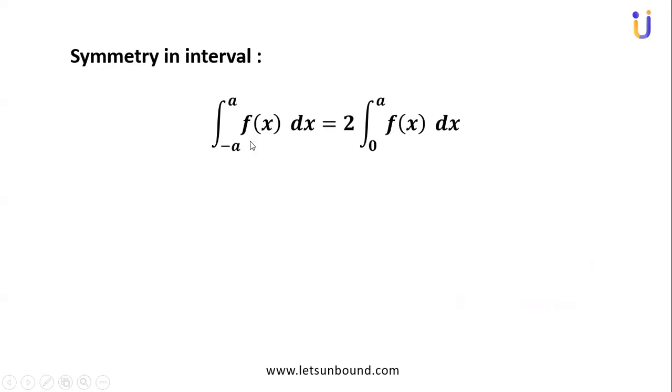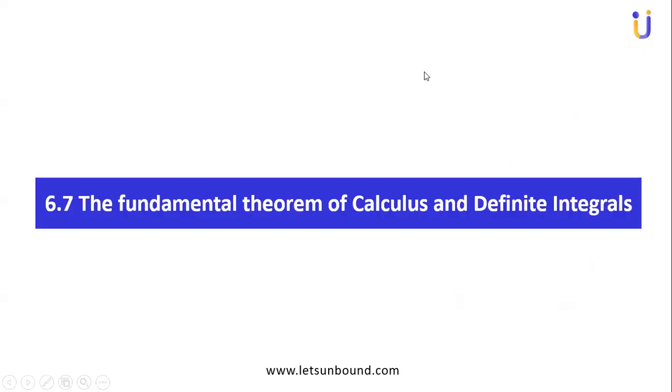Symmetry in the interval, minus a to plus a. So yeah, minus a to plus a. They are symmetrical. The line of symmetry will be at 0. So it's just the same area appearing twice. So twice 0 to a you can change it to, right? The same area will come.